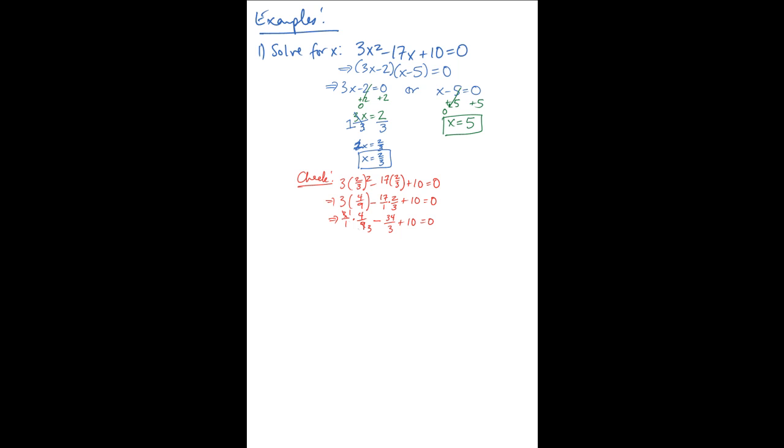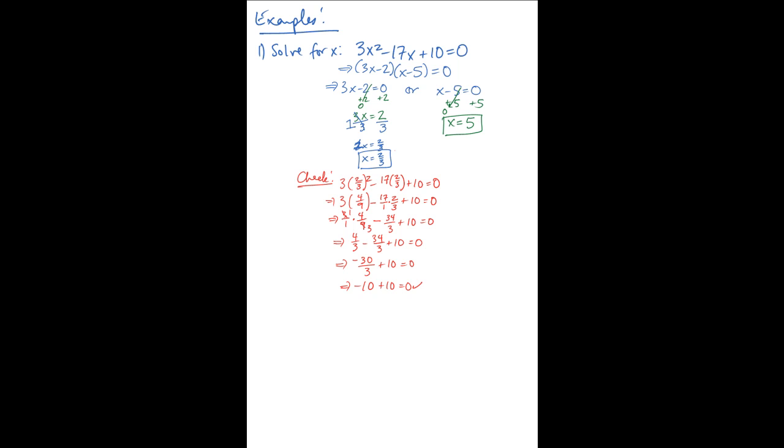So we have 1 over 1 times 4 over 3 is 4/3, minus 34/3, plus 10 equals 0. 4/3 minus 34/3 is equal to negative 30/3, plus 10 equals 0. And negative 30 divided by 3 is negative 10, plus 10 equals 0. That's definitely correct.